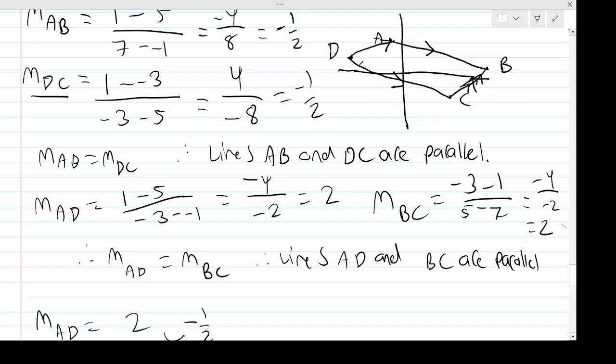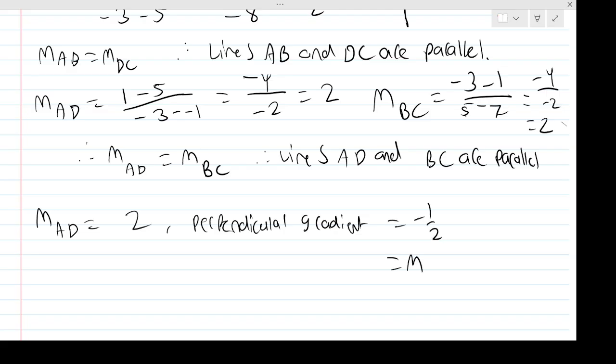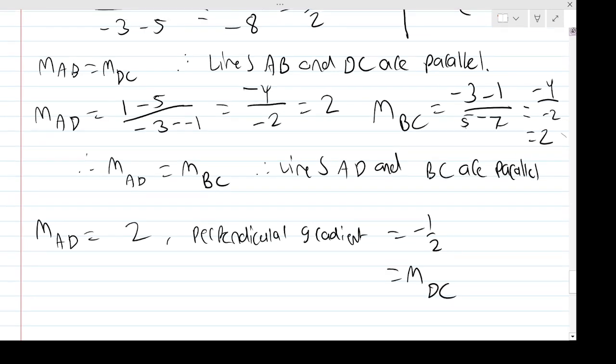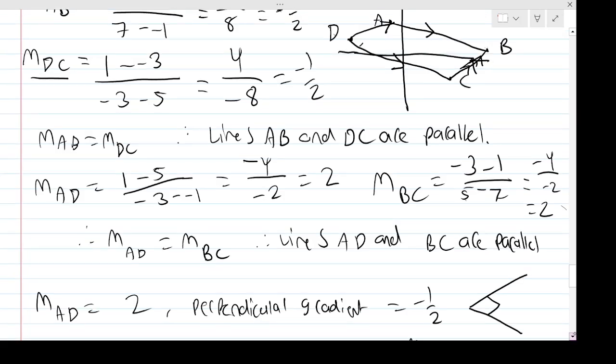So that means the perpendicular gradient of 2 is going to be minus a half. Reciprocal, negate it, minus a half, and that's equal to the gradient of DC. That tells us that AD and DC meet at a right angle.